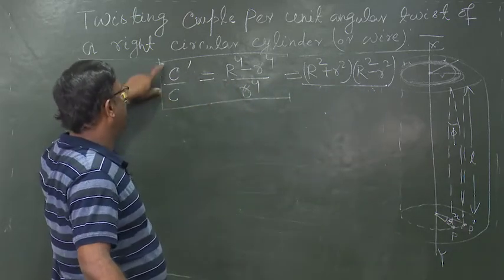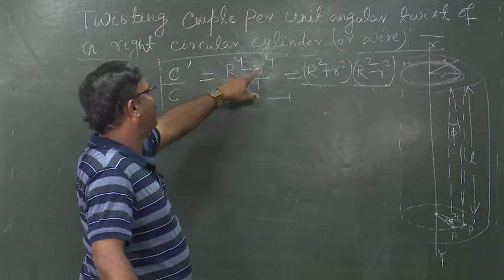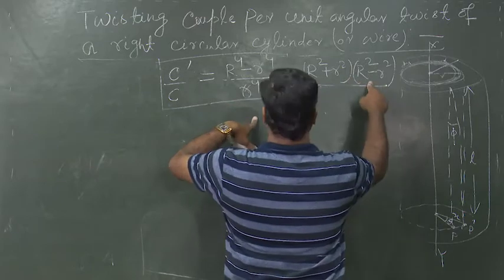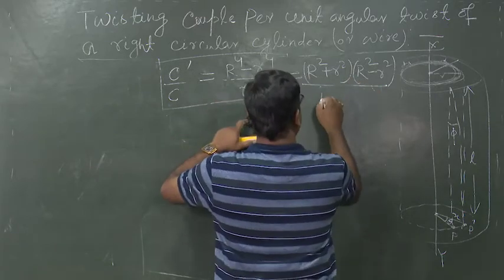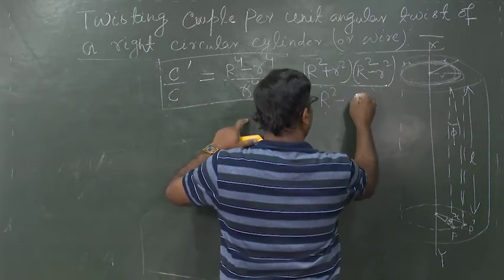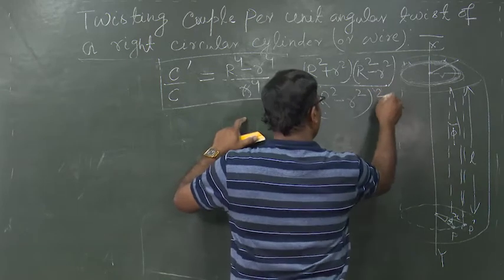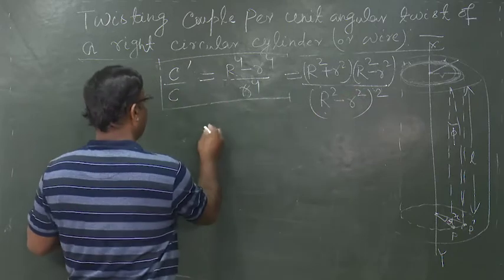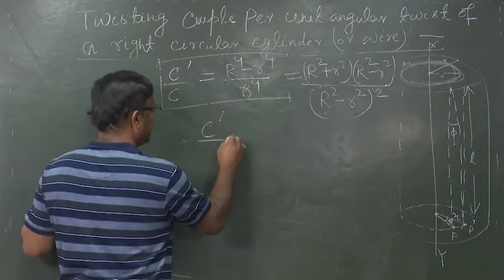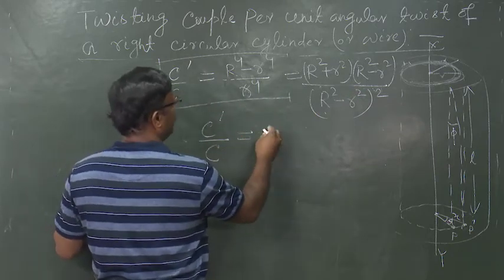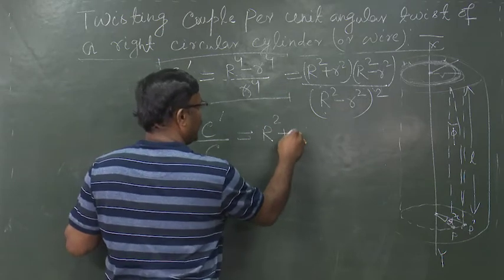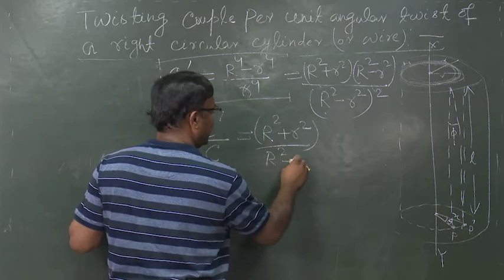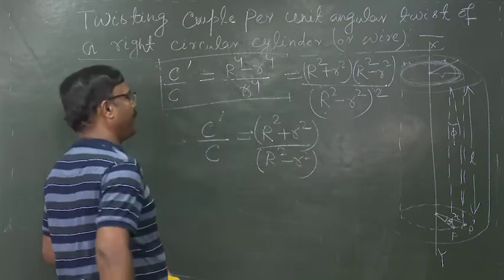Here what we have got? C dash by C equal to R4 minus r4 by R4, for which we can write this as R square minus r square whole square, and R square minus r square get cancelled, for which we can write C dash by C will be equal to R square plus r square divided by R square minus r square.